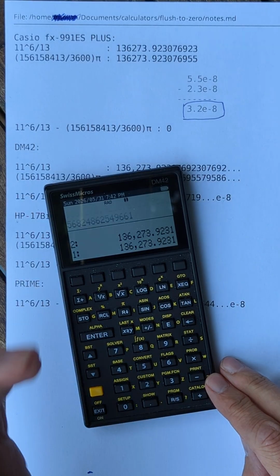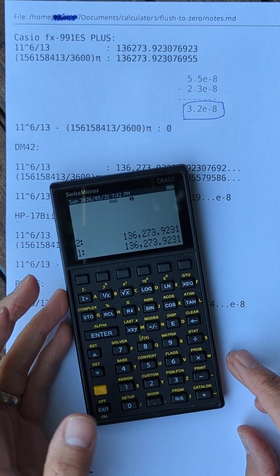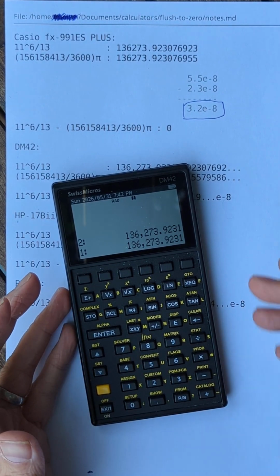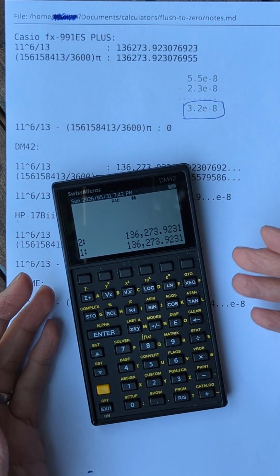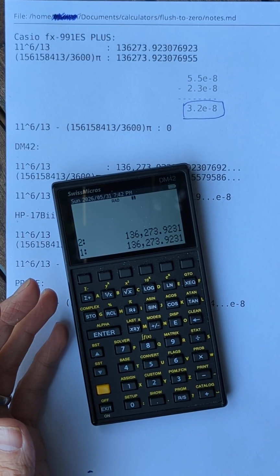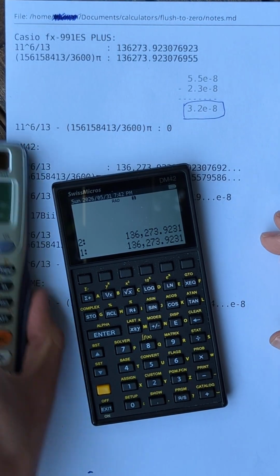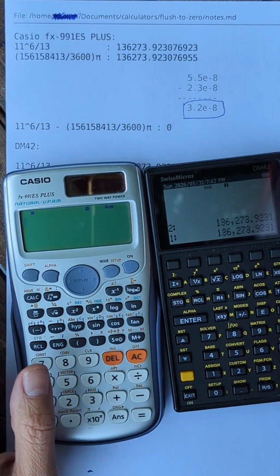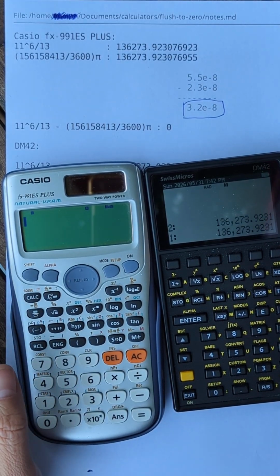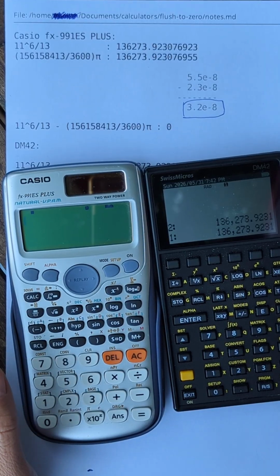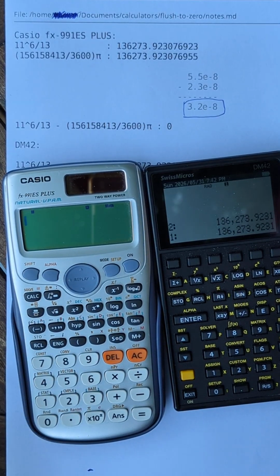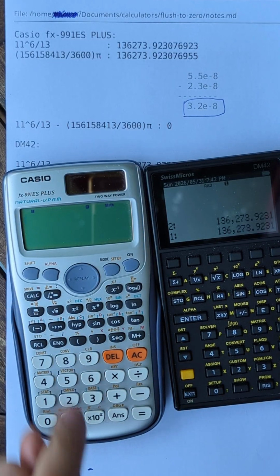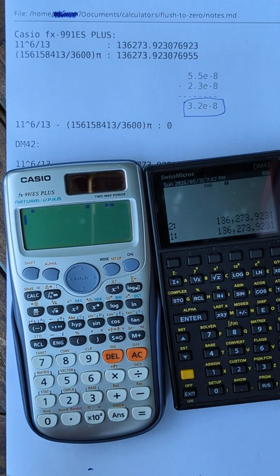Now actually this is quite an interesting thing that's different between algebraic and RPN. When I first started using RPN, I used to think, oh goodness, you must lose all your precision every time you calculate, because you have to calculate every single time, whereas on an algebraic you're doing it all in one go. But actually I don't think that makes any difference, and I'll be interested if someone wants to show me anything different. My experience so far is that these Casios will use 15 digits for each of those operators within the expression.